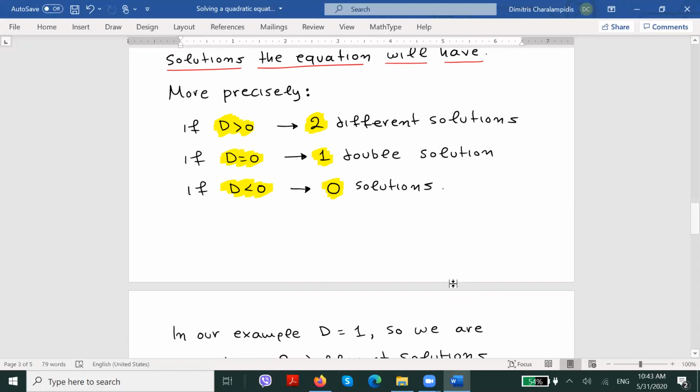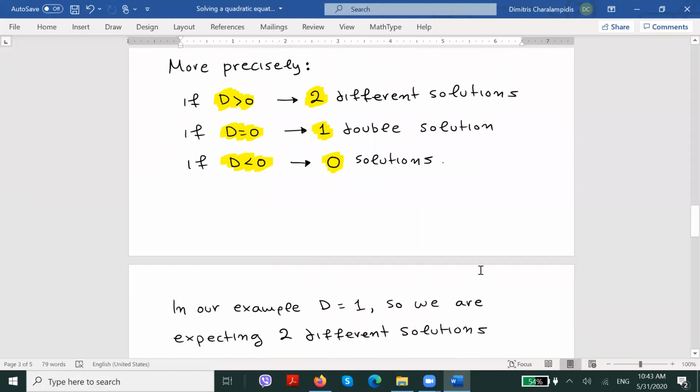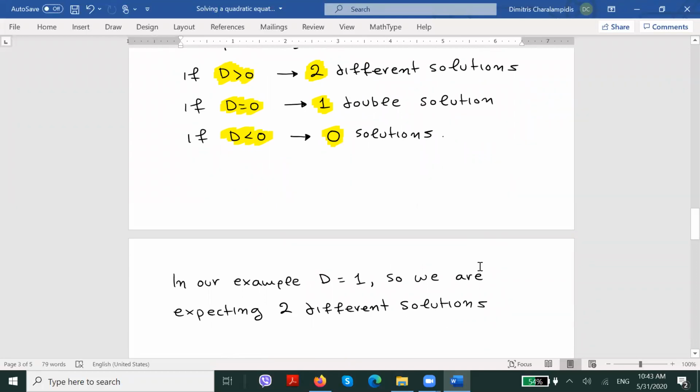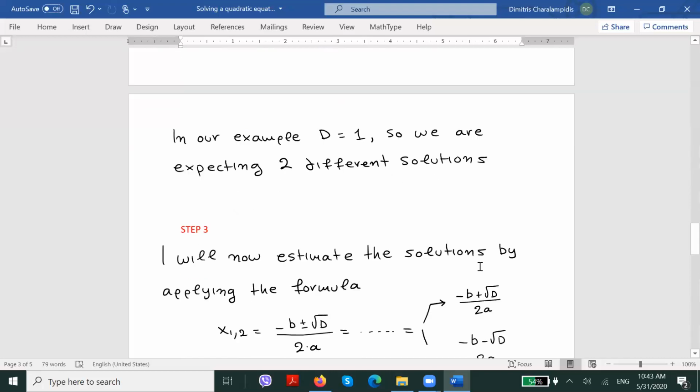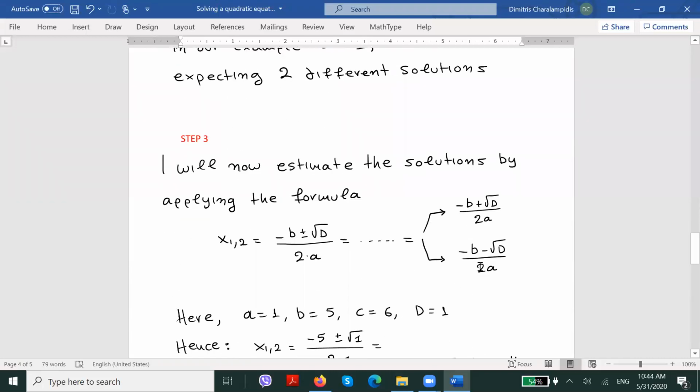If the discriminant is equal to 0, we should expect one double solution. And thirdly, if the discriminant is smaller than 0, if it is negative, then we should expect 0 solutions. In our example, d equals 1. So we are expecting to find two different solutions.